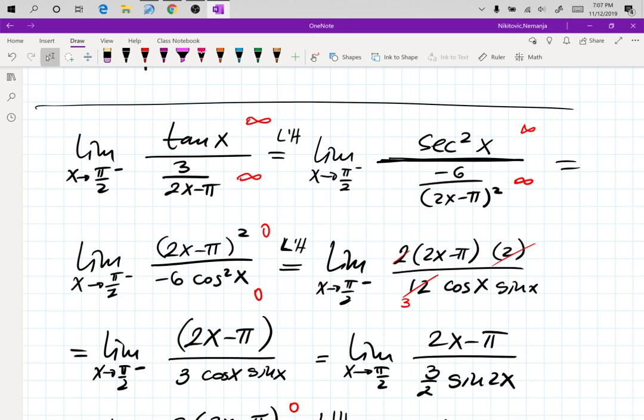All right, what am I looking for? I'm looking for the limit at pi over 2. Pi is 3.14, so pi over 2 has to be about 1.57, right? So we're going to zoom in at 1.57 over here, which, there it is.